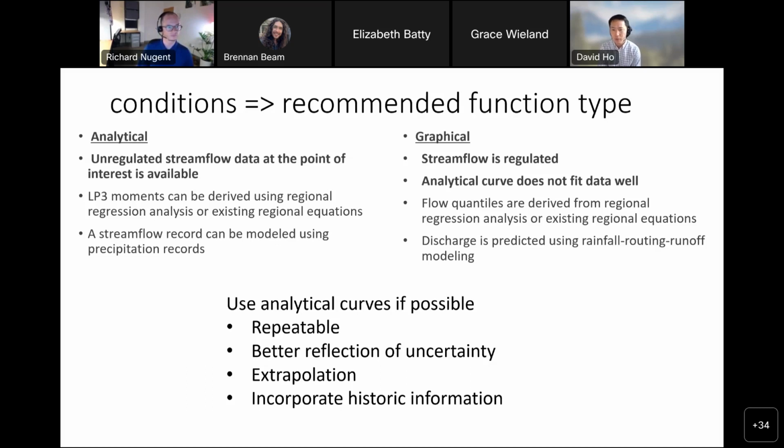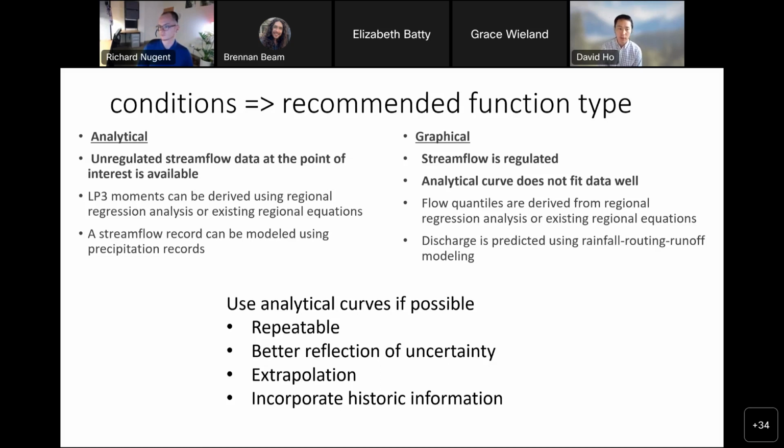With a graphical curve, if you are drawing it, there's going to be subjectivity involved. Another person can draw a curve differently than another person with the same data. Second reason, with analytical curves, there's a better reflection of the uncertainty around the curve. That's because Bulletin 17C has a process for characterizing the uncertainty.